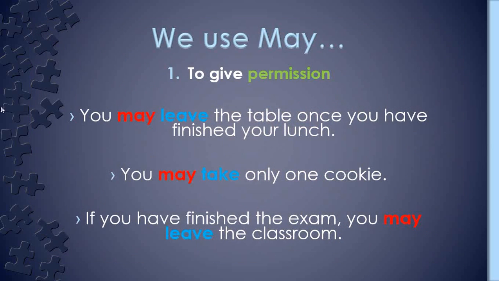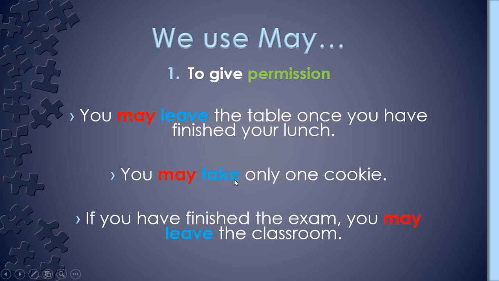Okay, now we use may first to give permission. To give permission to somebody for doing something. For example, you may leave the table once you have finished your lunch. We're giving permission for leaving the table.